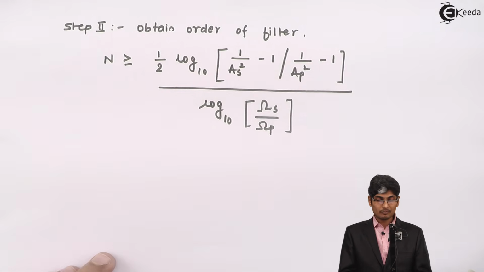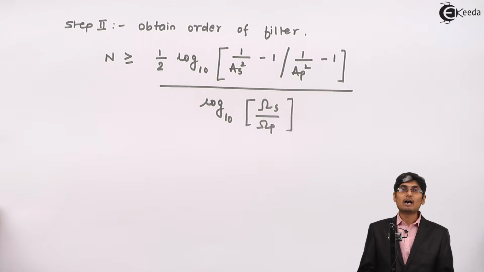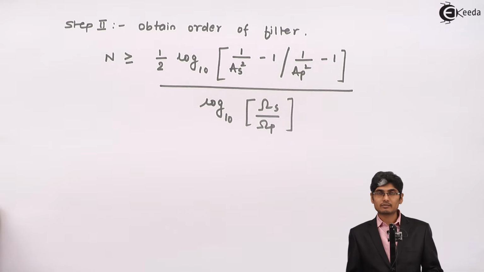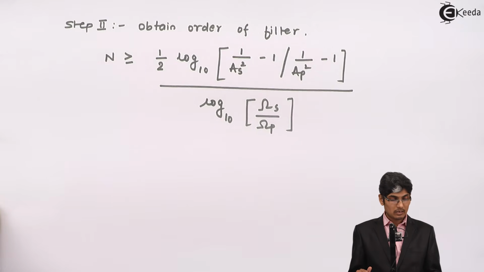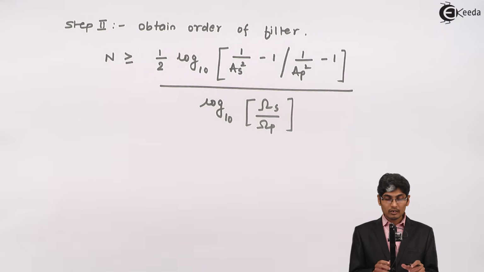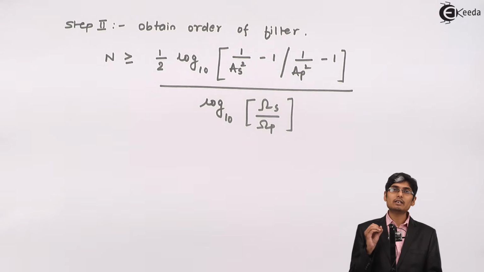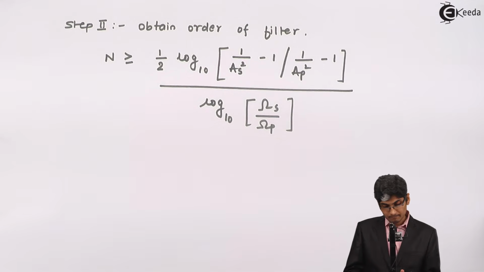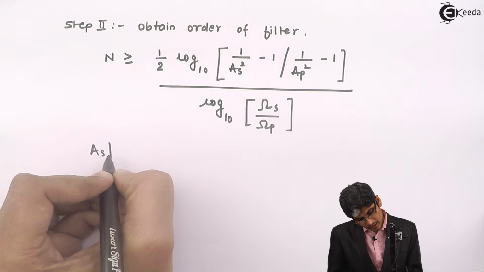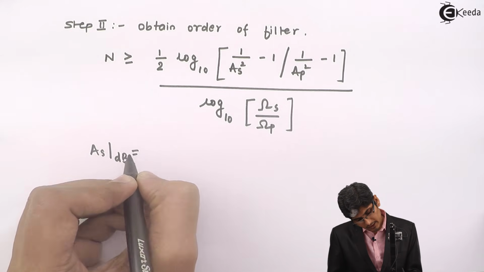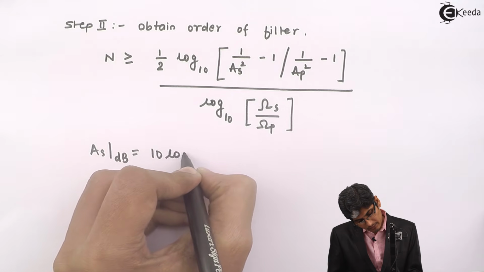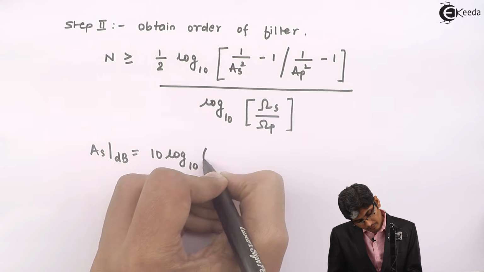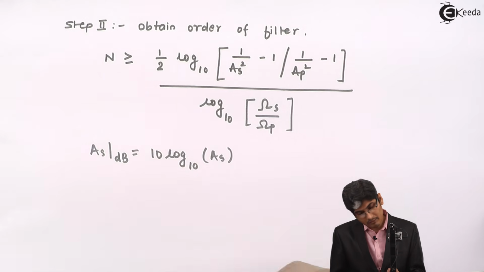In this formula, AS and AP are not in decibels, but in the current problem they are in decibels. So we need to modify this formula according to decibels, or convert the decibel into normal values. We know that AS in decibel can be written as 10 log to the base 10 of the normal value AS.